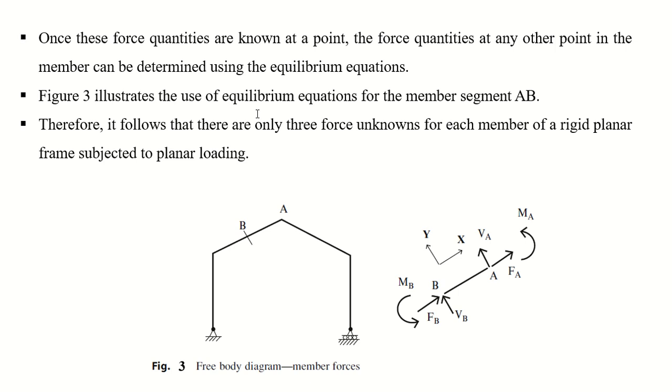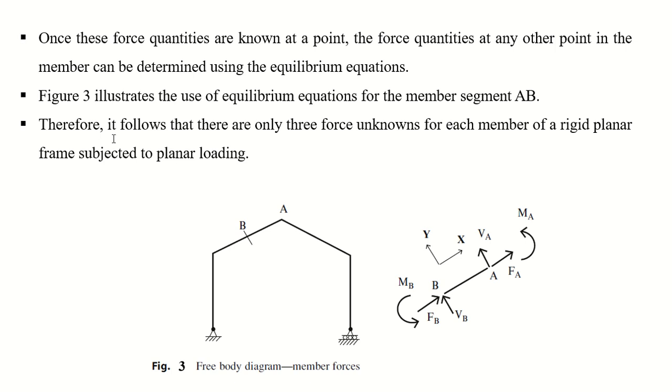So first we will find the reactions, and after that we will move forward to analyze the individual members. Figure 3 illustrates the use of equilibrium equations for the member segment AB. So just look at this member AB, right? Now if you can find all three reactions, for example the shear at B, the axial force at B, and the bending moment at B, then by equilibrium you can find them at point A as well.